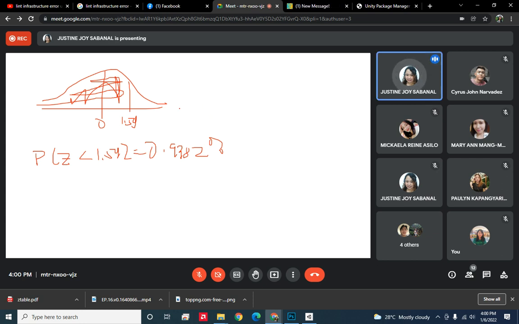Ayan. So, ganun lang pag less than max. Walang computation. You just have to really look at the value on the table.